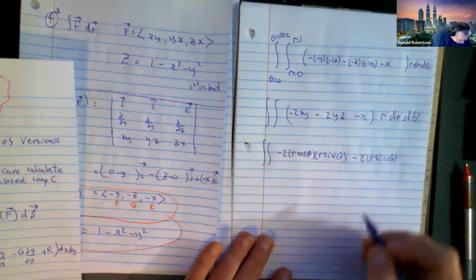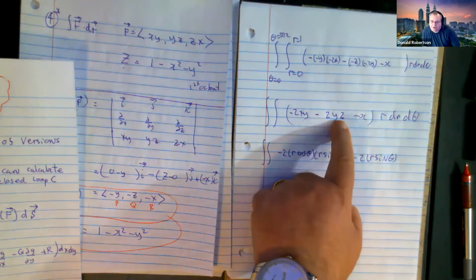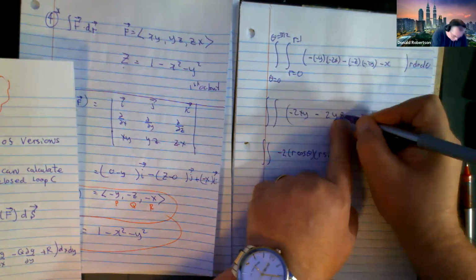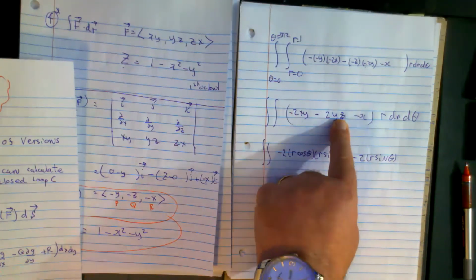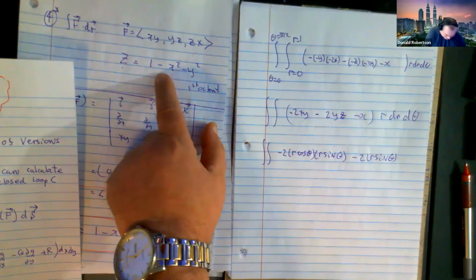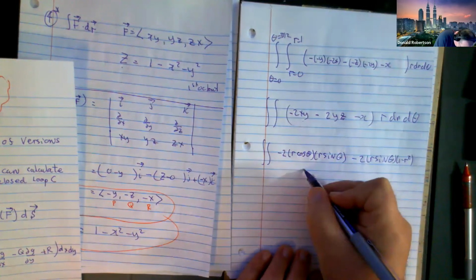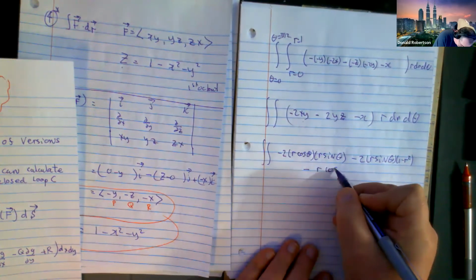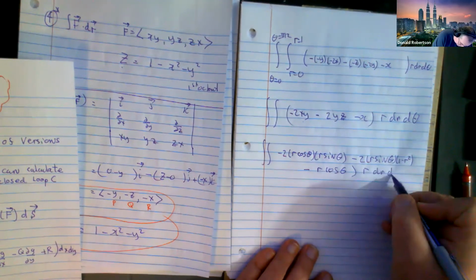What am I going to do about the z? What's that z going to be equal to in terms of x's and y's? Wouldn't it be like 1 minus r squared? Yeah, okay. 1 minus r squared. Run short room, take away an x, which is this fella, all times r dr d theta.